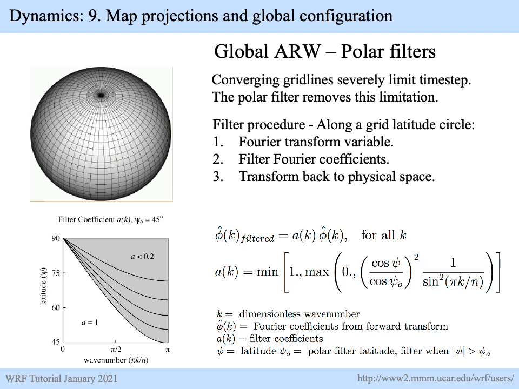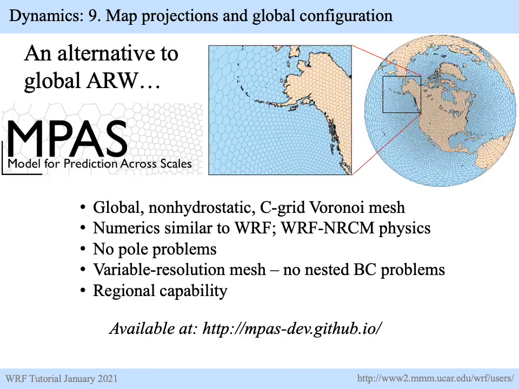However, if you really are interested in global simulation, you should consider our other model that we've constructed and support for that use. That model is called the MPAS model, the model for prediction across scales. In its quasi-uniform mesh that it employs, it is an icosahedral mesh, a classic icosahedral mesh.